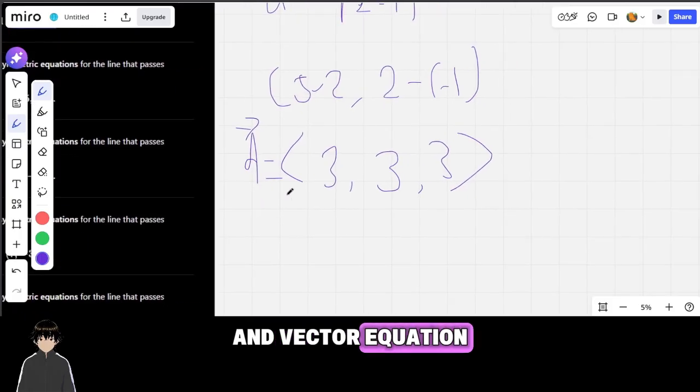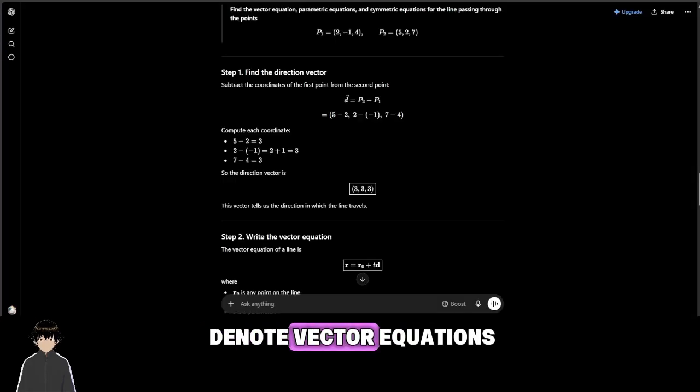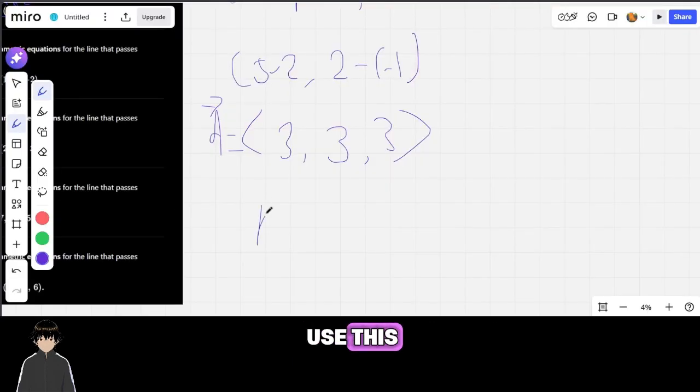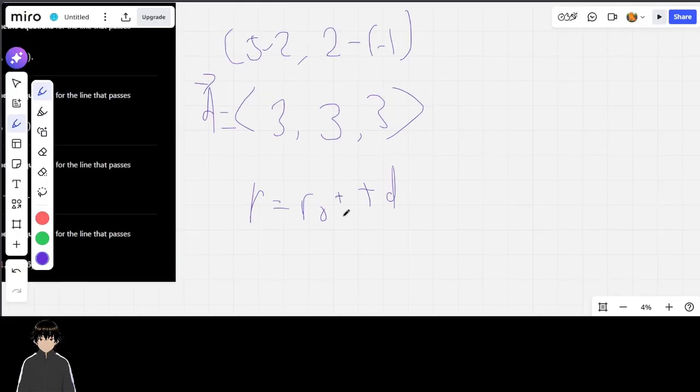And to get a vector equation, how do we denote vector equations? Yes, we have to use this. R equals R naught plus TD.